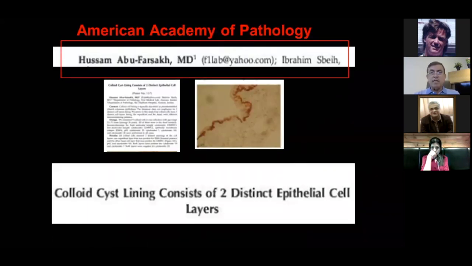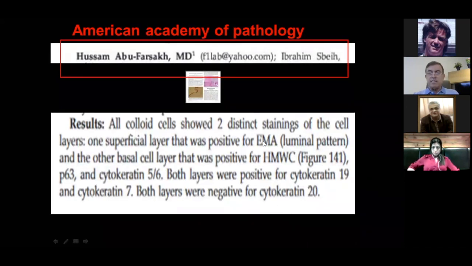Myself and my colleague, Dr. Hussam Farsakh, the histopathologist, reported this to the American Academy of Pathology, and it has been published. We stated that the colloid cyst lining consists of 2 distinct epithelial cell layers. The first cell layer, the superficial one, is EMA positive, and the deep layer is positive for cytokeratins.